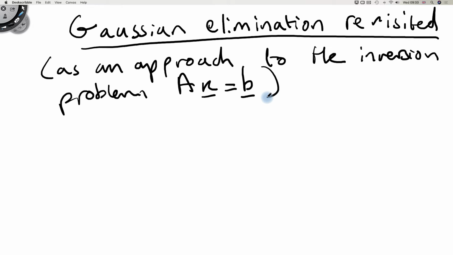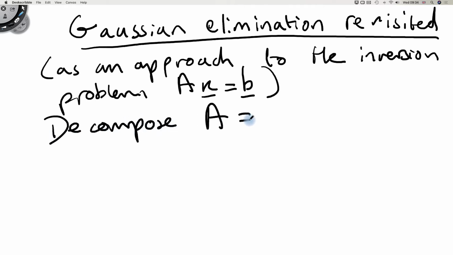So one approach to the inversion problem is to decompose A into separate parts. We're going to look at a specific type of decomposition, breaking A into two special matrices, which I'll describe as we go on.